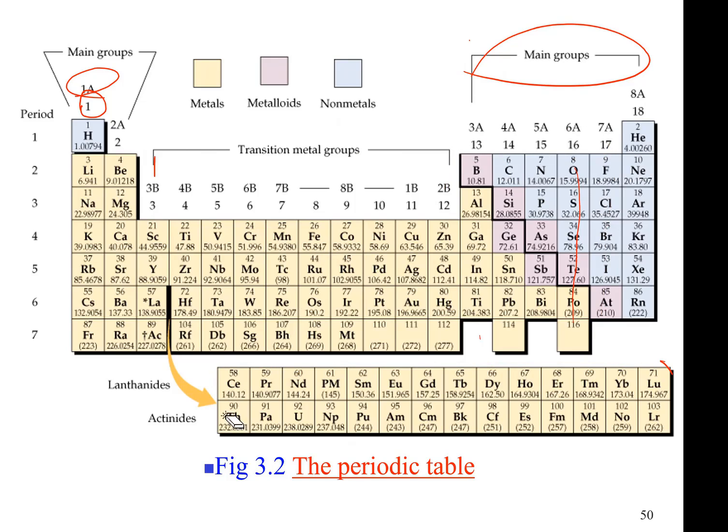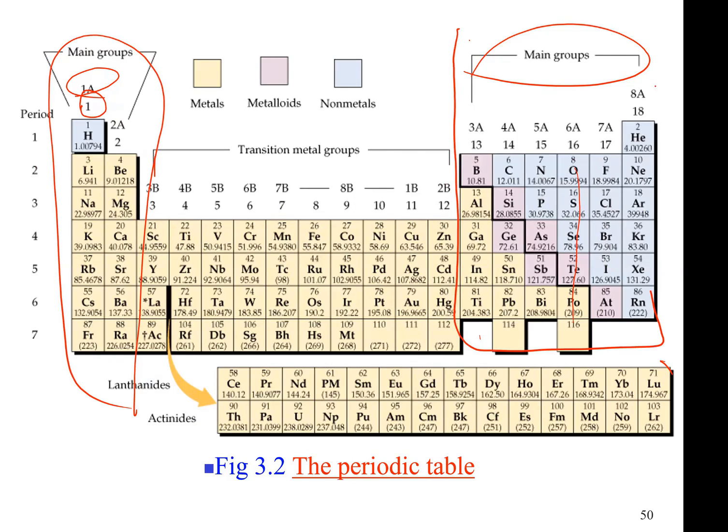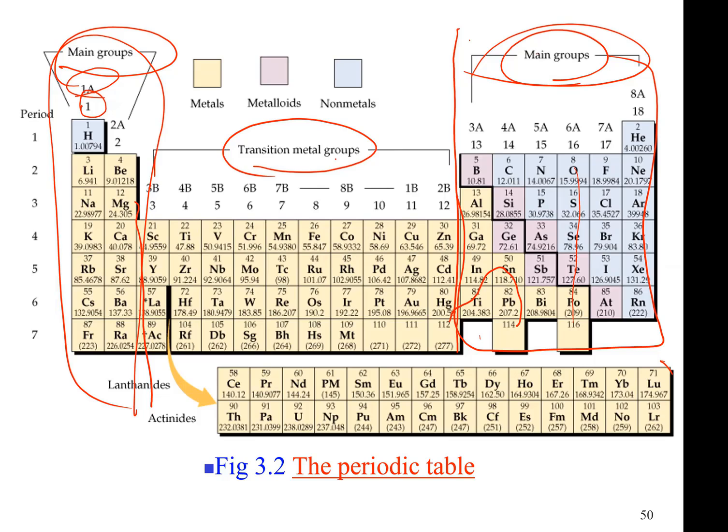Can I say these parts, as I said before, these and these make the main group, they are called main group elements. And these and these and some of these behave like transition metals. So these are transition metals.